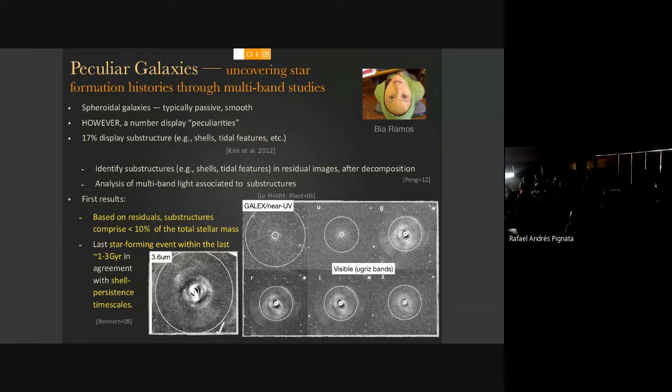And she found it was just under 20% of these early type galaxies. It's consistent with some earlier work by the same group, by the S4G team, that we had done in a smaller sample.